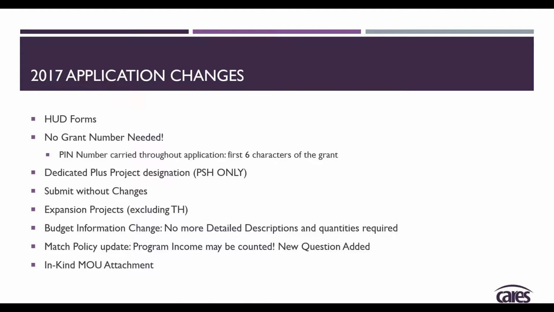So that automatically populates, which is great. Third change, which is a big one, and I'm going to go into it: HUD has created a new designation for permanent supportive housing projects, and it's called Dedicated Plus. We're going to go into that, so I'm going to skip over it for a moment.